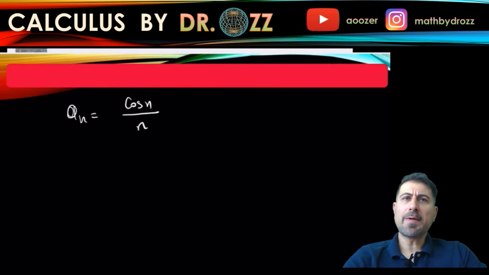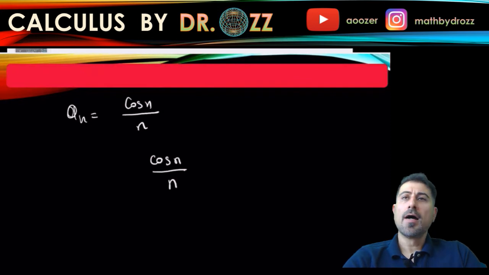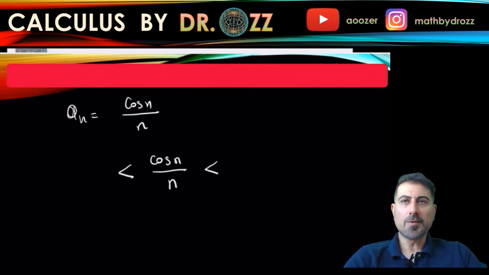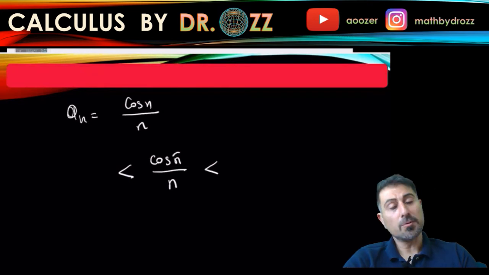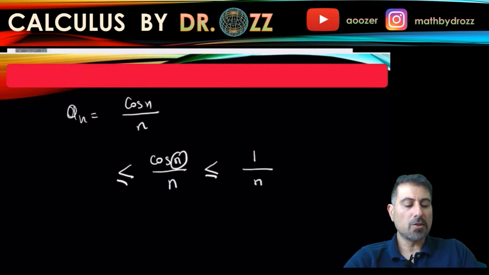To show it's bounded, I'm looking for an upper and lower bound. Cosine is a function we recall from trig or pre-calculus. Cosine values always fluctuate between -1 and 1, no matter what the argument of cosine is. So I can say that cosine n over n is always less than or equal to 1 over n, keeping the bottom as is.